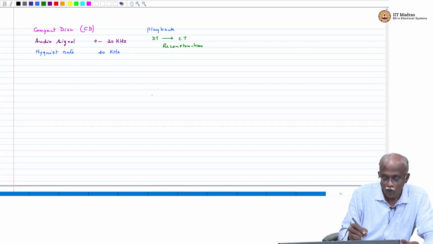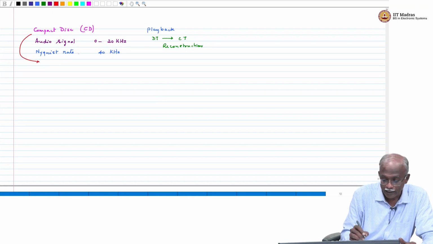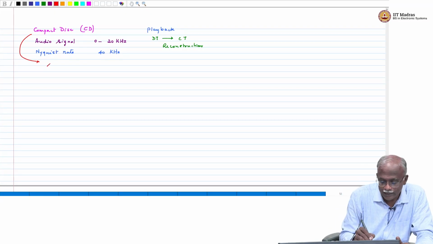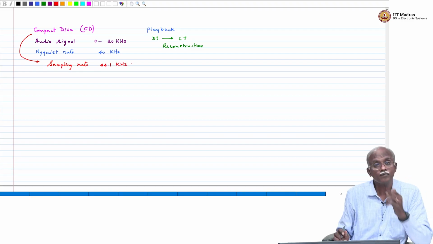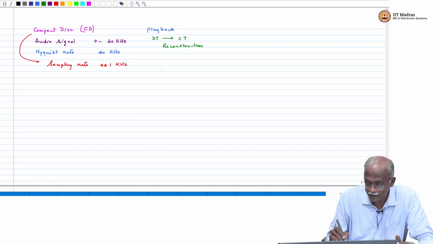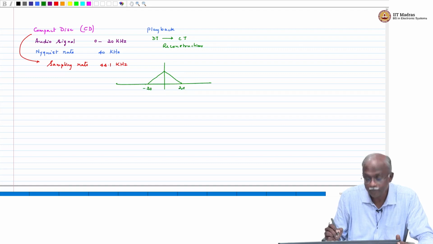So what is the sampling rate used in a compact disc? It has to be at least 40 kilohertz, that is the Nyquist rate. The sampling rate of a CD player is 44.1 kilohertz. So what does the spectrum look like? It goes from minus 20 to 20 kilohertz.